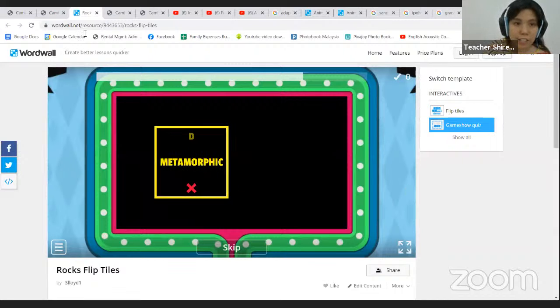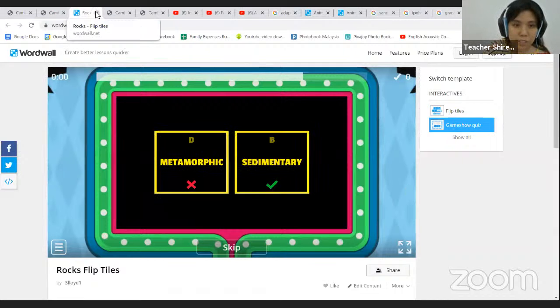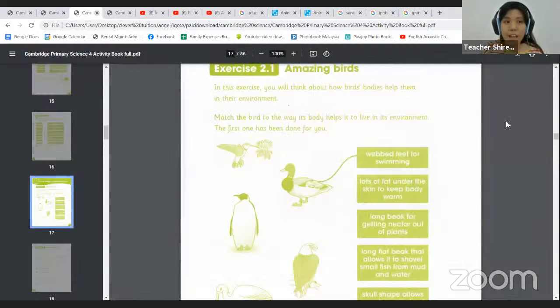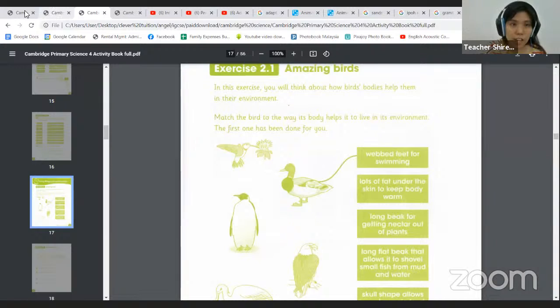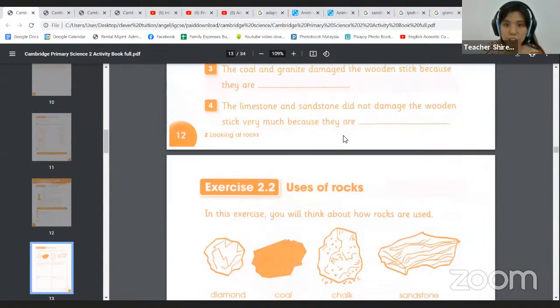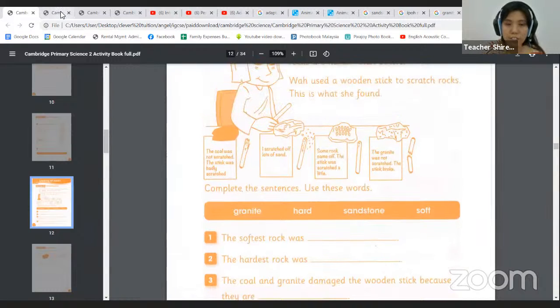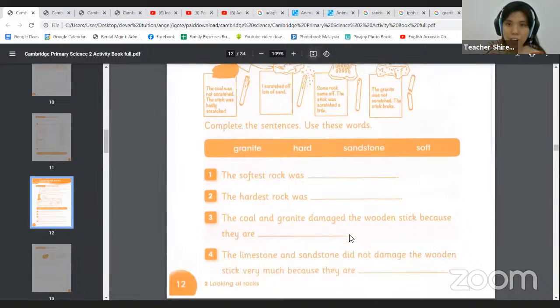I think I will skip because this one is a little bit hard. So your homework for today will just focus on this part, the types of rocks. Sorry, Joyce. I chose the wrong one. I chose a year 4 science instead.